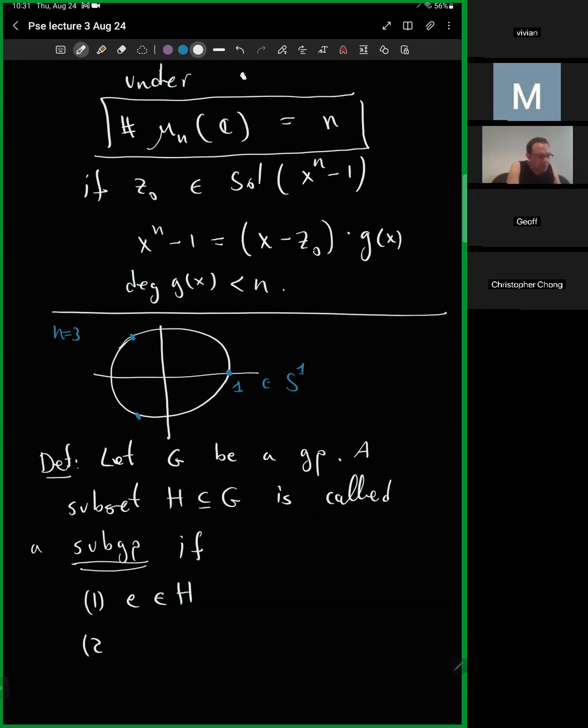Second, we need that the subgroup is closed under the binary operation of G, that is, for any x and y in H, x times y, the same operation as in G, the only one that we are given, is also an element in H. And third, for any x in H, the inverse of x is also in H.